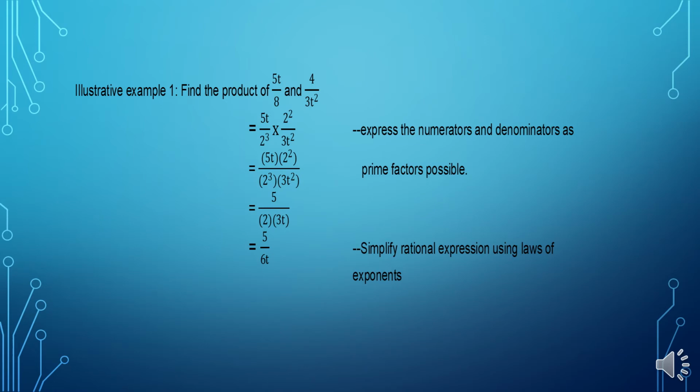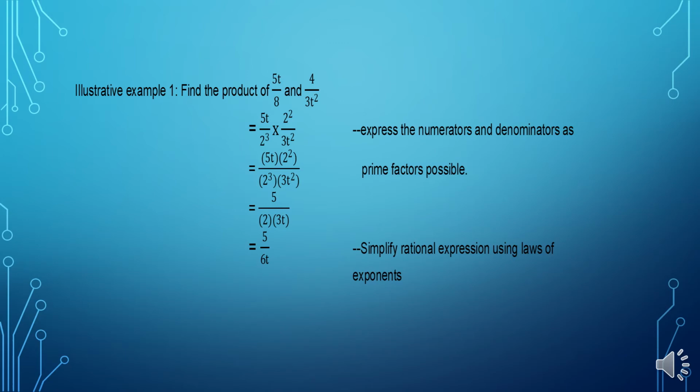We have here 5t in our numerator and at our denominator we also have the same variable, so we can cancel it out. The t in the numerator is canceled out, so 5 remains. The 3t squared will become 3t.